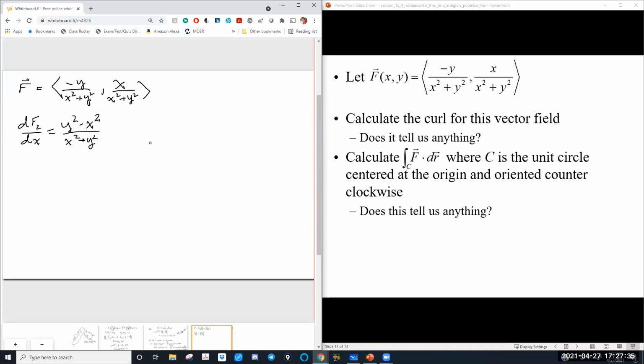And then if you do df1 dx, it's very similar, but you actually get x squared. Wait, should one of those be y? With respect to y, or are they both with respect to x? Oh, sorry, thanks. That should be dy.